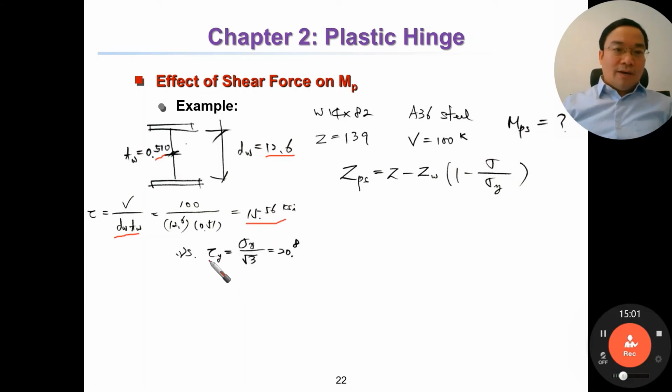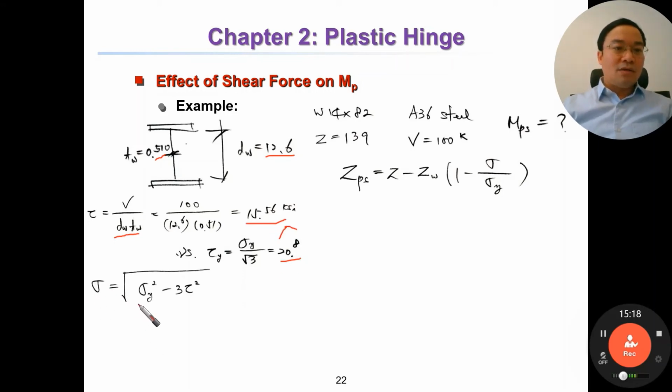And tau y equal to sigma y over square root of 3 and equal to this one. And we found that tau is smaller than tau y. And sigma equal to this one. It is von Mises equation, or equal to this one.